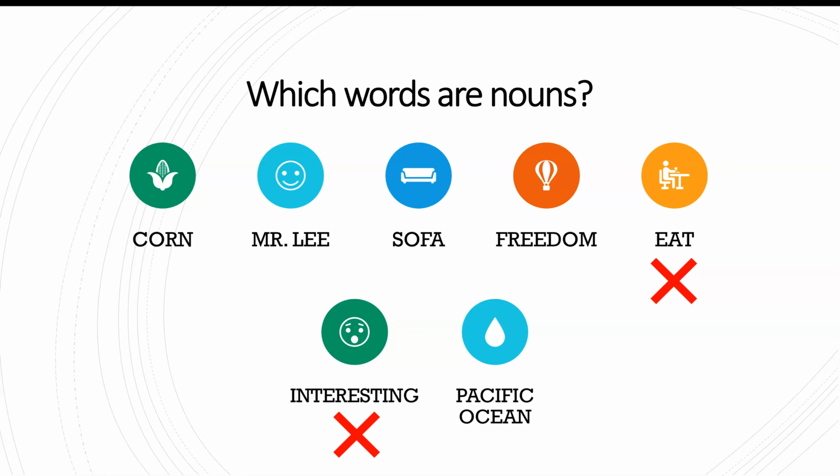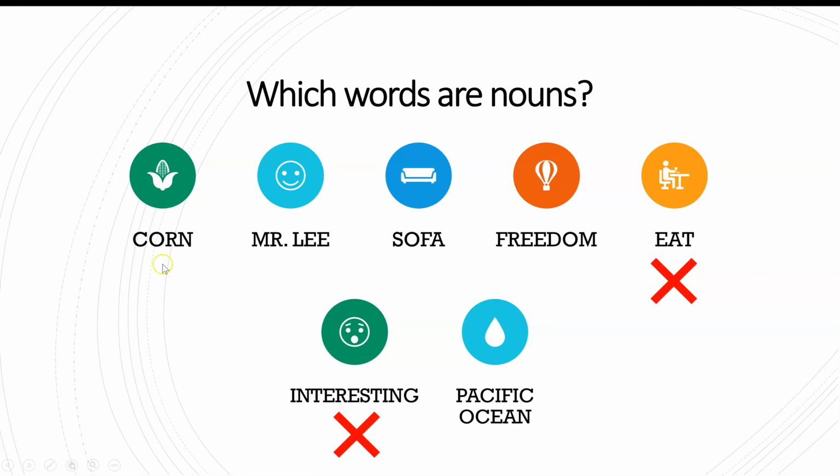And the word interesting is an adjective. We're describing something. I can say the movie is interesting, right? The movie is funny. The movie is cool. But interesting would be a describing word, an adjective. Everything else is a noun.